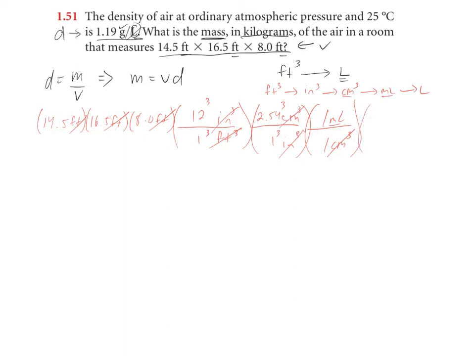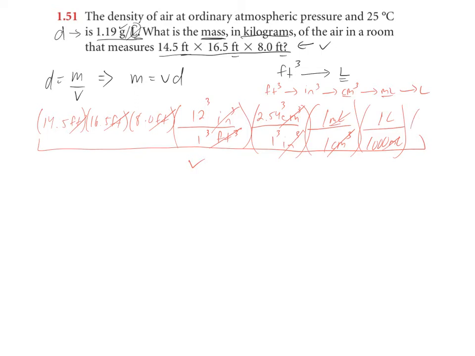And now for milliliters, I want to go to liters. Every 1,000 milliliters equals 1 liter. Okay, so you don't have to draw this part, but technically that is your volume. You found the volume by multiplying the first two things, and you just converted it to liters.